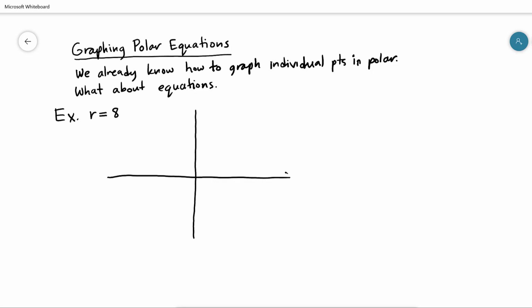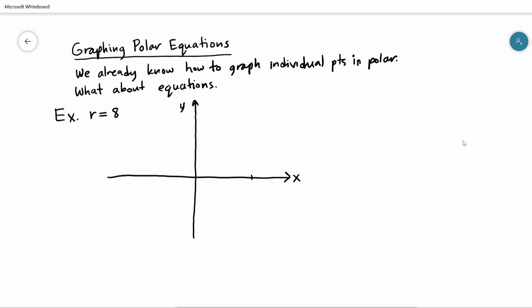get my axes, here's my x and y coordinates. The idea is that theta is going to spell out an angle measured from the positive x-axis as we go around, and r is going to tell us how far from the origin to go. In this case, we're going to start right here.